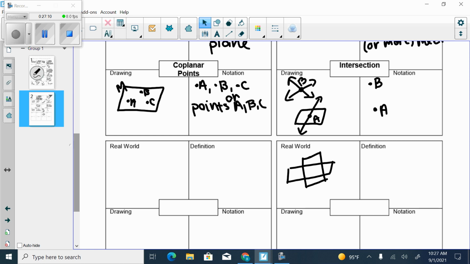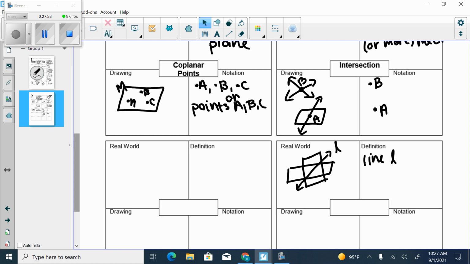Then they wouldn't just touch at one spot, right? They would touch all along the line where they intersect. So these would be touching all across here. And that would be whatever that line was, so whatever we named it. Maybe line L in this case.